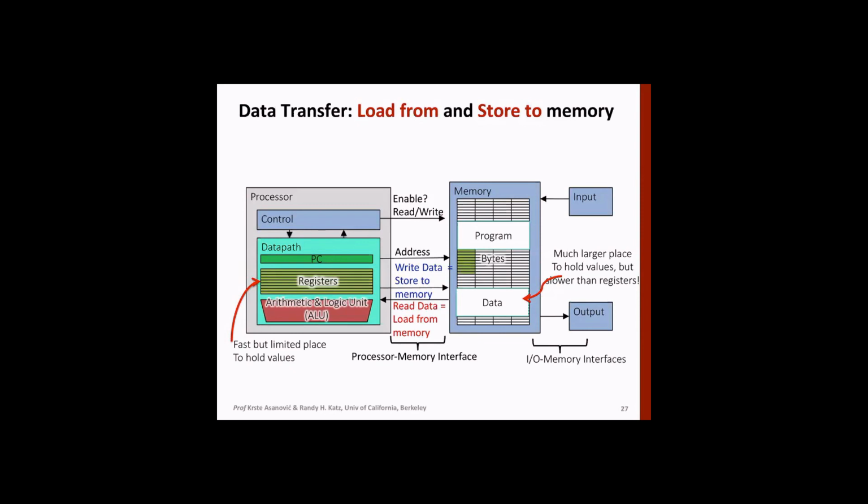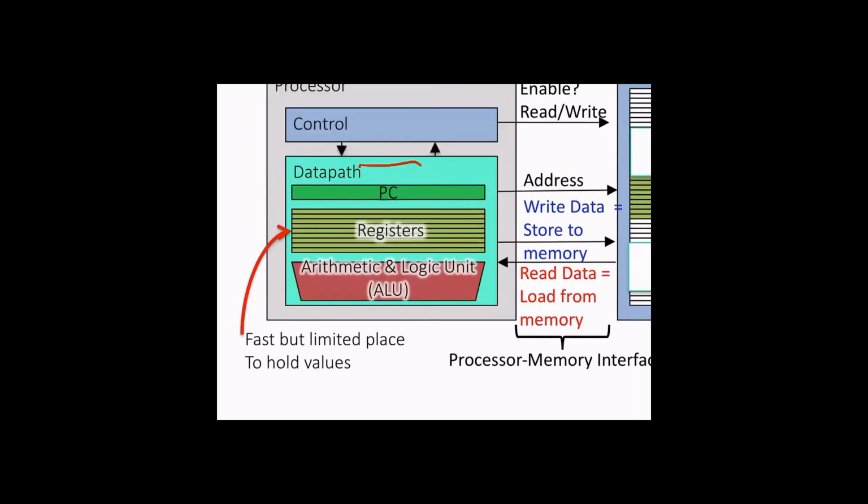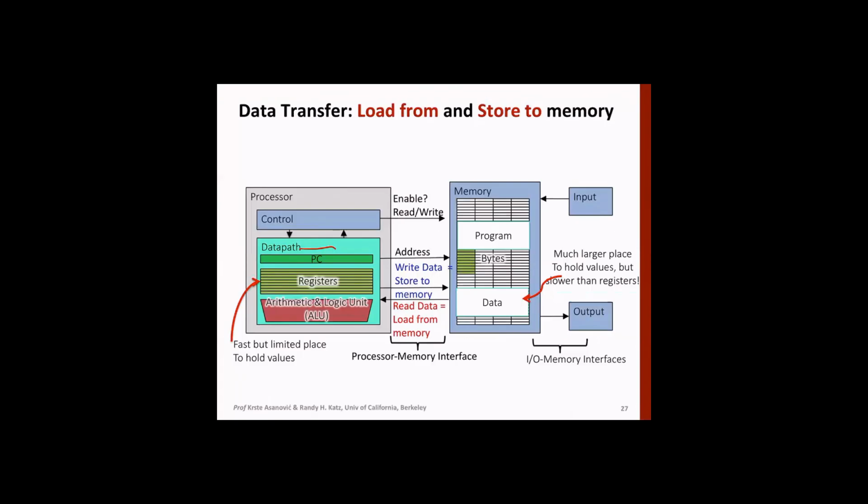Memory can contain many data values, so we will bring values from memory to register and from register to memory. Load is when we bring a value from memory to a register, and when we store the value of a register to a memory location, that's called store.